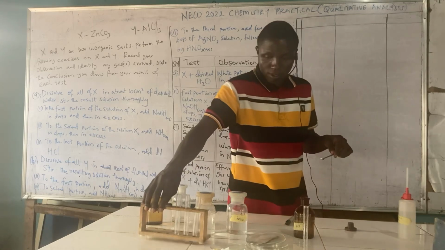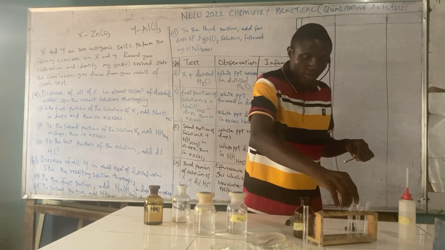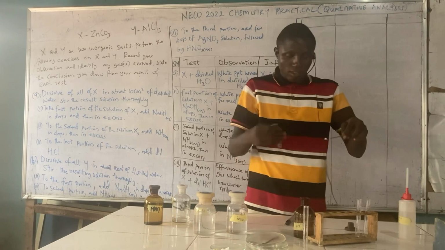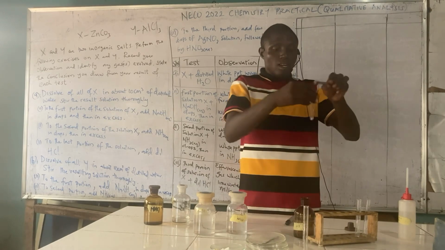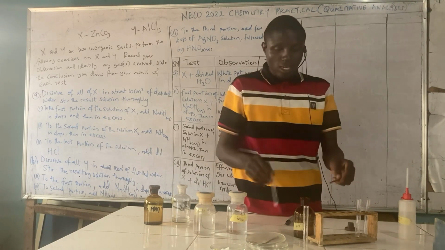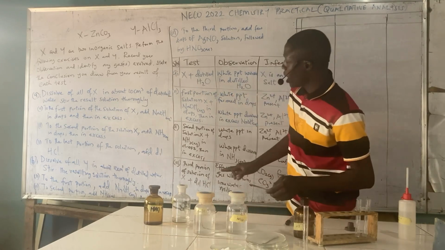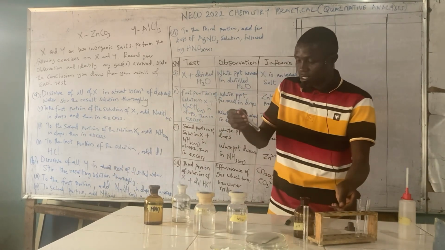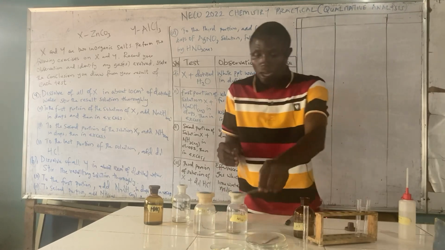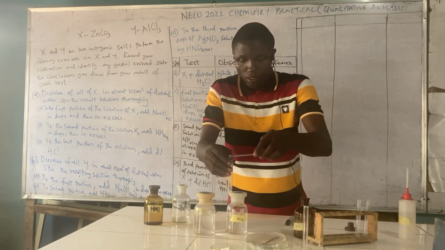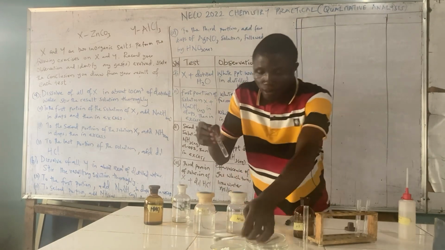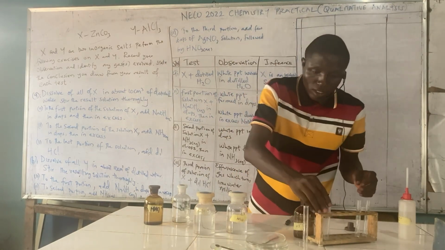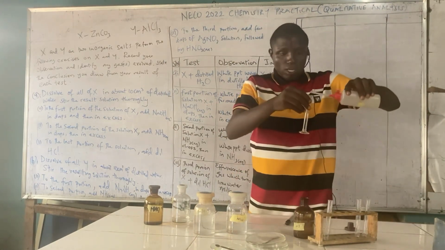So now we have our aluminium chloride here. Also to this we are asked to add 10 cm³ of distilled water, so I'll add about 10 cm³ of distilled water as well.